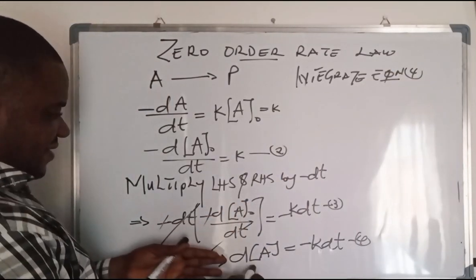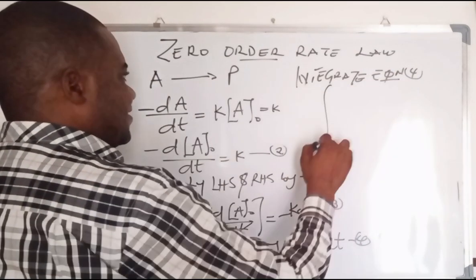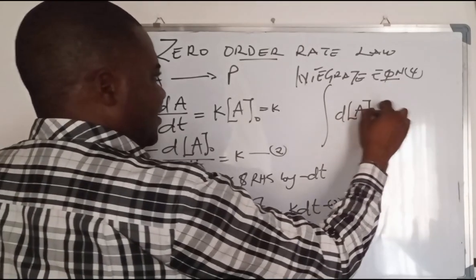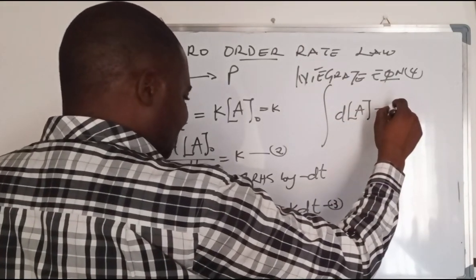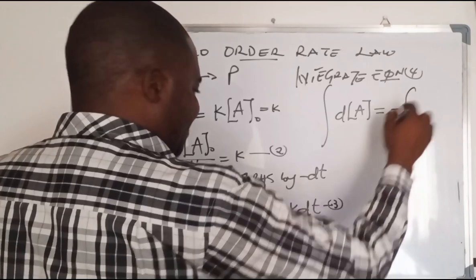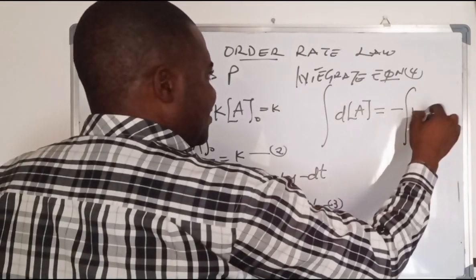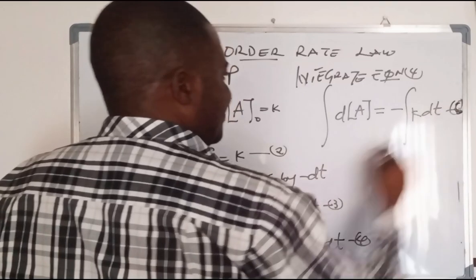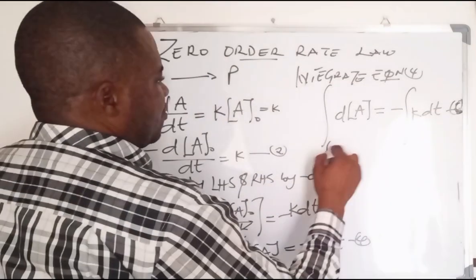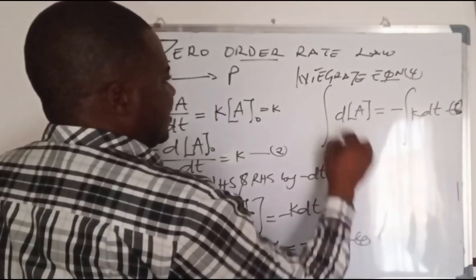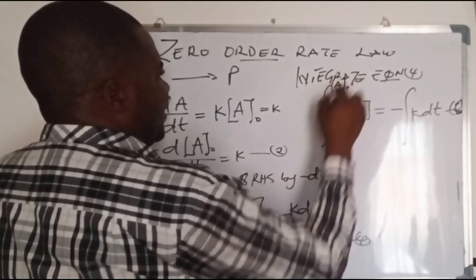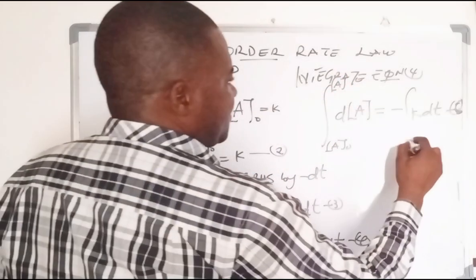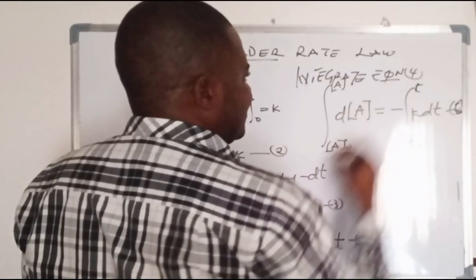That means we are going to have the integral of d[A] equals minus the integral of k dt. This is equation 5. We are integrating with respect to the concentration of A at zero order, and with respect to t, from initial t to final t.